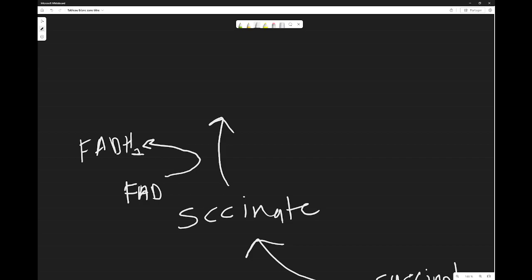So I want to see if anybody could tell us what FAD and NAD and FADH and NADH is called in the comment section. All right. So we're gonna have succinate being produced, right? Then it produces FADH2, and it gives us our molecule of fumarate. All right.